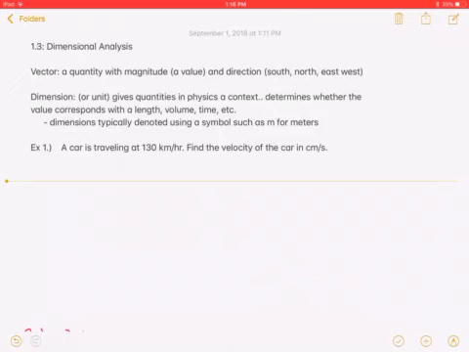So it determines whether that value corresponds with a length, a volume, a time, etc. Dimensions are typically denoted using a symbol, such as lowercase m for meters. So that should be familiar to you. Before I get to the example of looking at an equation and determining whether it's dimensionally consistent, let's just do a quick review of metric prefixes.